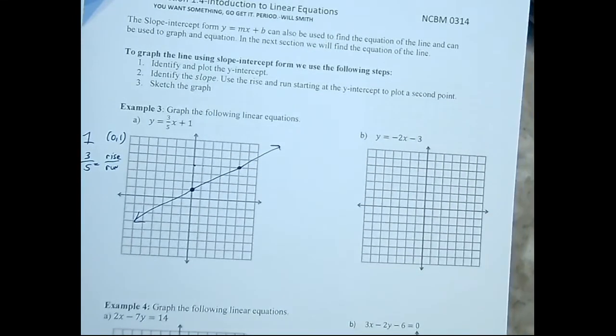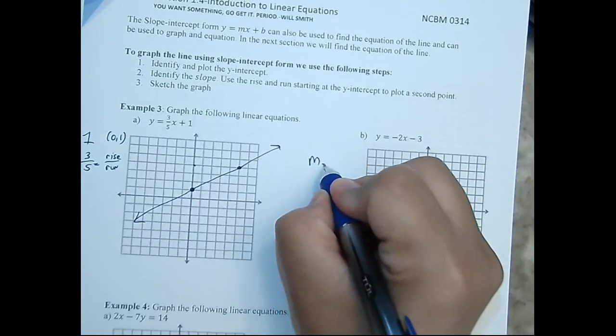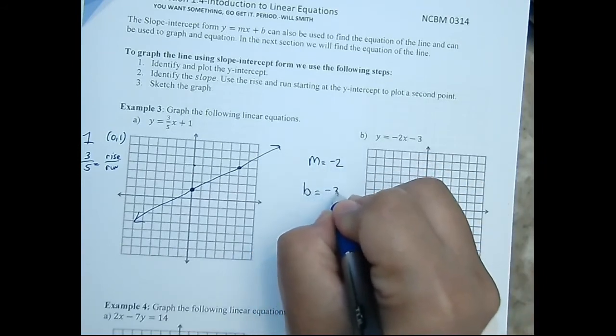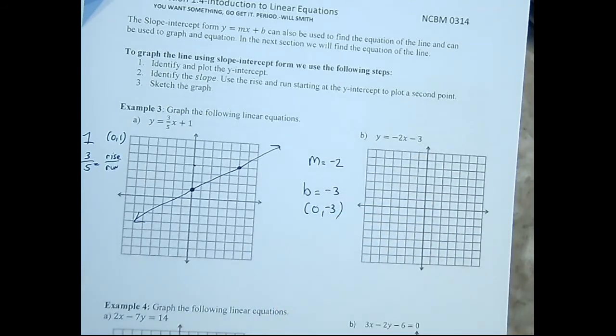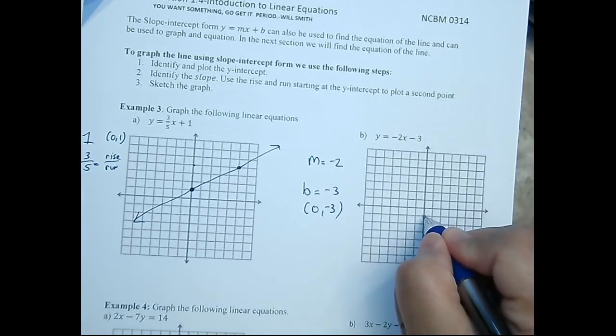Okay, so for the next one, we have y equals -2x minus 3. So my slope is -2 and my y-intercept is -3, which we can write as an ordered pair, 0, -3. So let's plot our y-intercept.